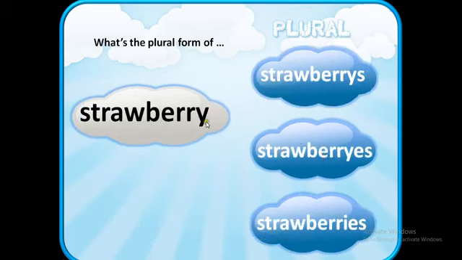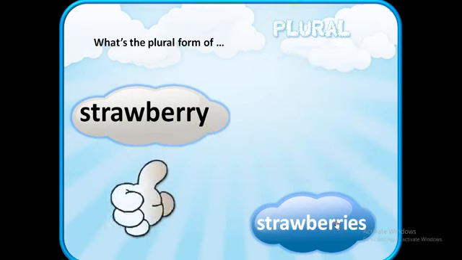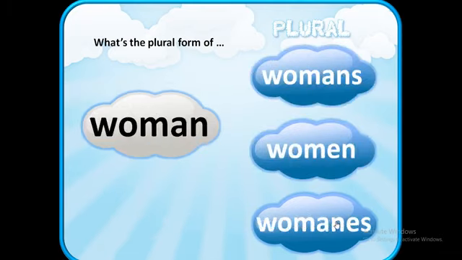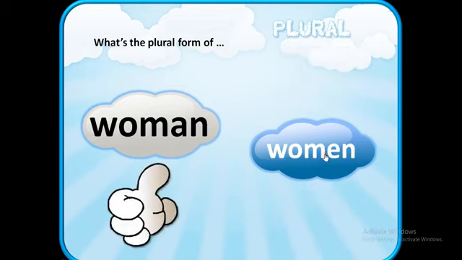This noun ends with Y, and before the Y there is R, which is a consonant. I'm going to drop the Y and put I, then add ES. Woman, I'm going to change woman to women.